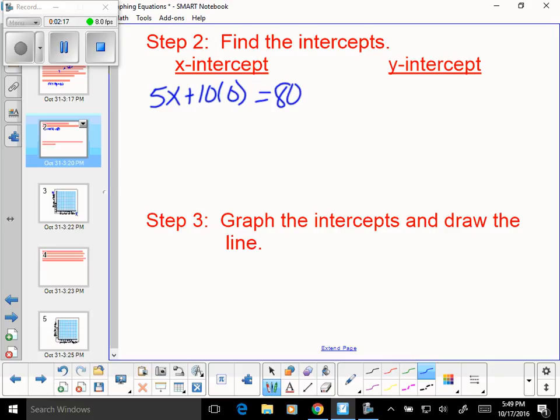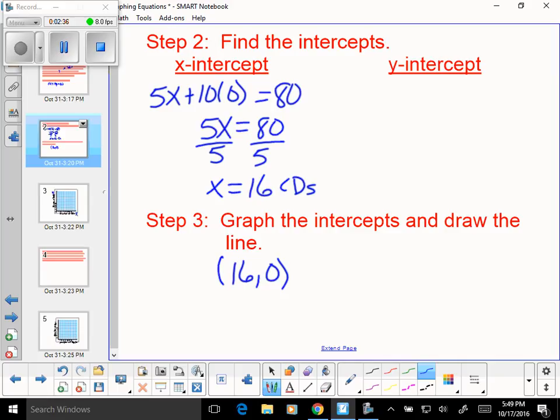Now I have to solve the equation. 10 times 0 is 0. That leaves me with 5x equals 80. Divide both sides by 5, and x is going to be 16 CDs. So my intercept is going to be (16, 0). That means that if I don't buy any DVDs, I can buy a maximum number of 16 CDs.